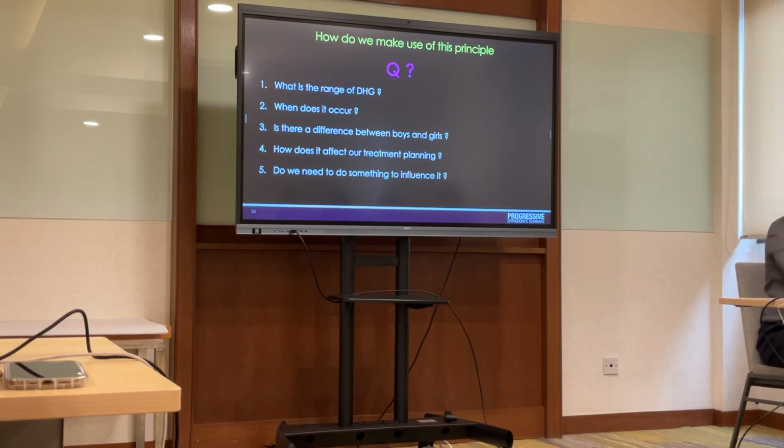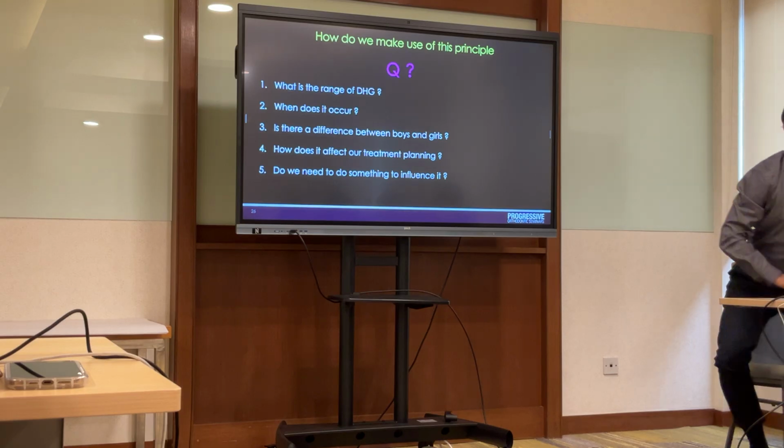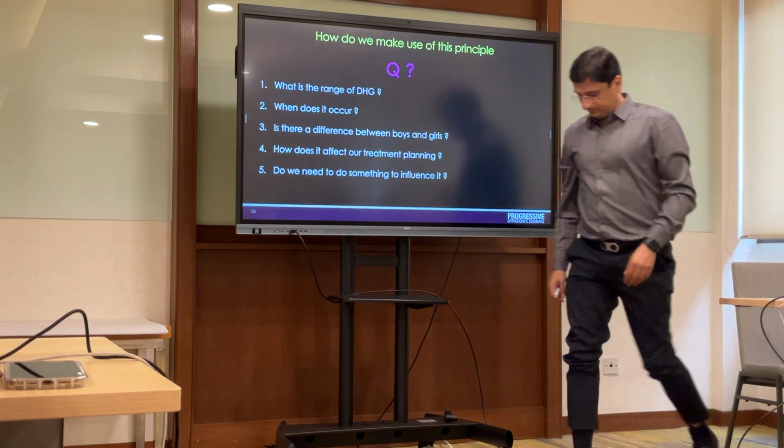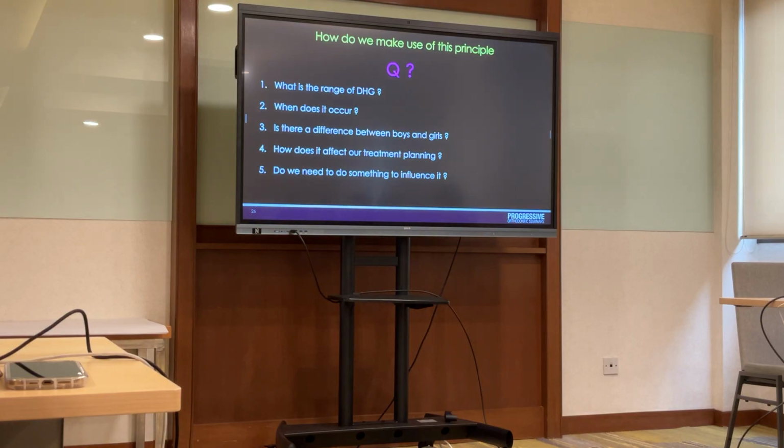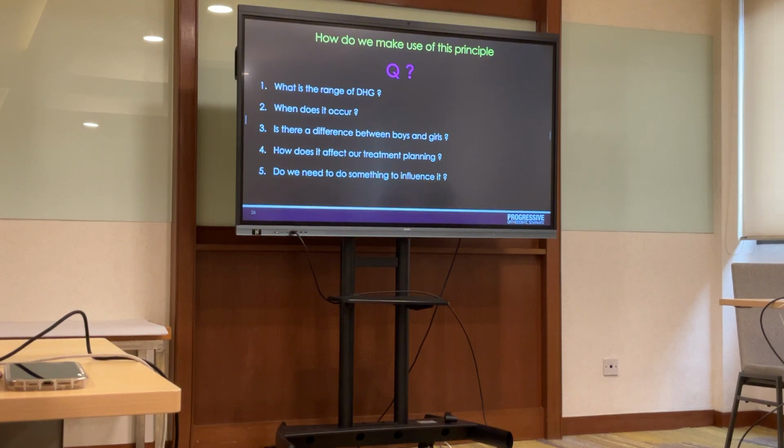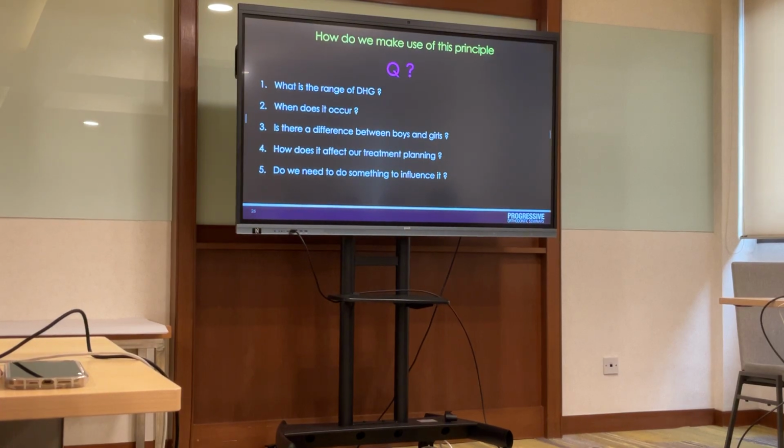How much differential horizontal growth is present in which situation? This is called differential horizontal growth. I'm not going to talk to you about class 1 because it's going to confuse you. Let's just talk about class 2 and class 3.